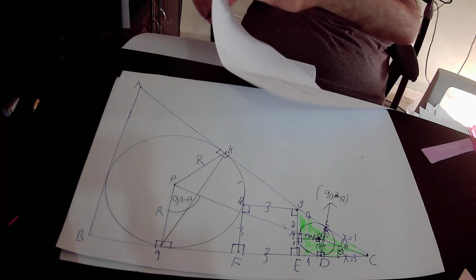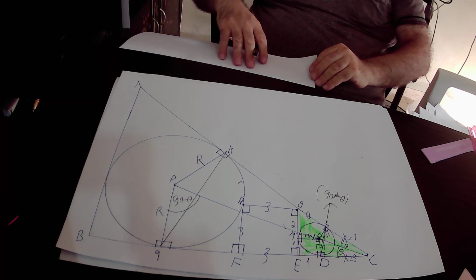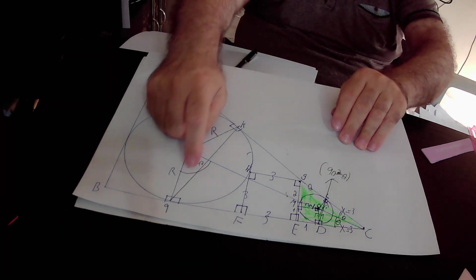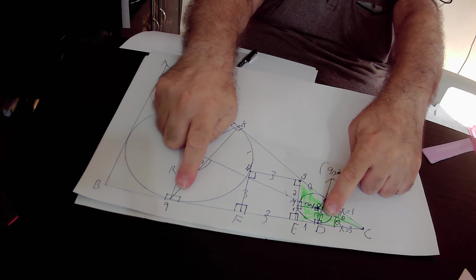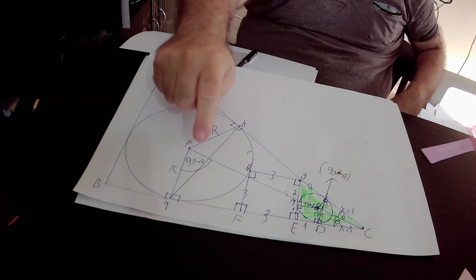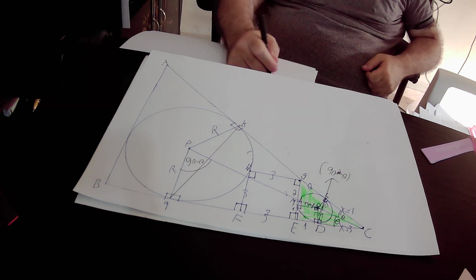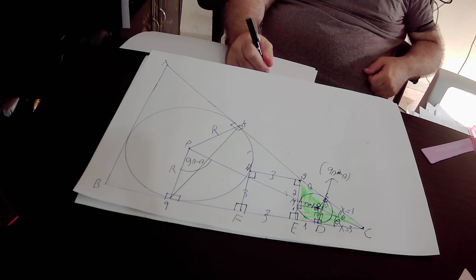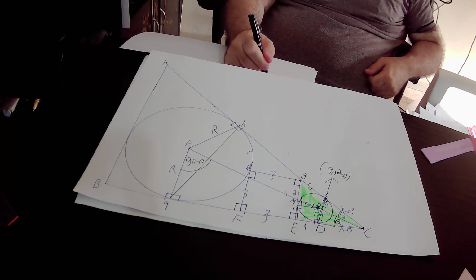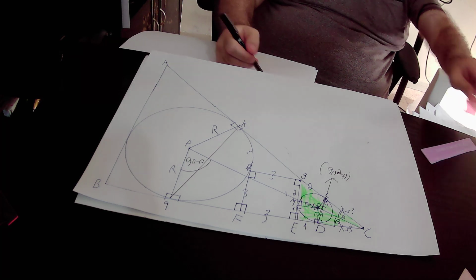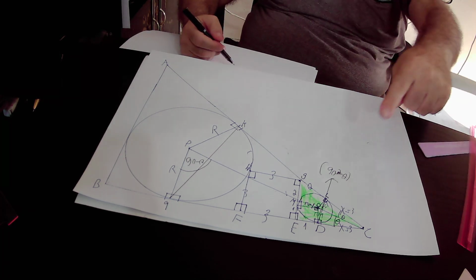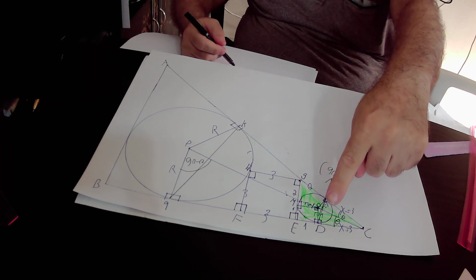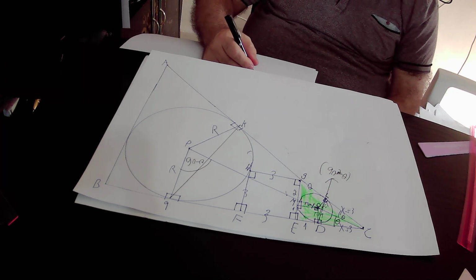In addition, we have those two angles that are both equal to 90 degrees, therefore they are equal to each other. So this angle is angle PQC in the big right triangle, and it is equal to this angle, which is actually angle ODC.